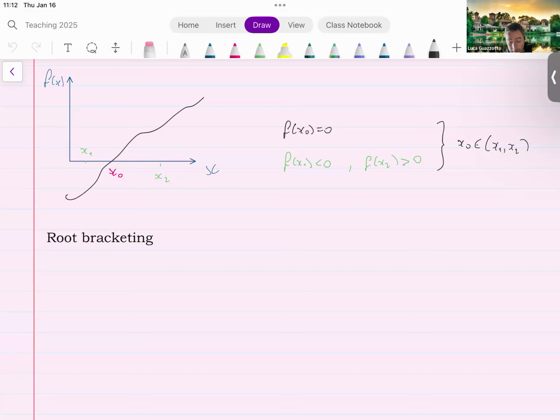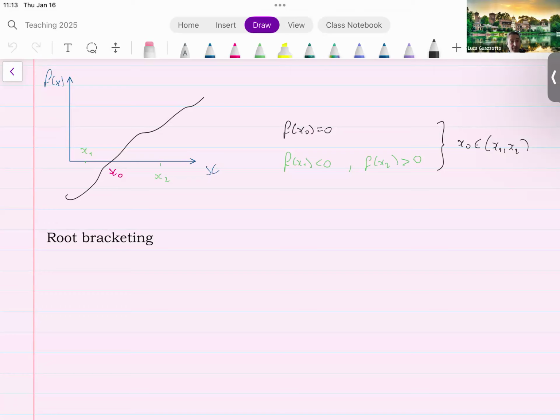If we start with 2 points with a bracketed root, the two ideas I can give you are: one, take your function, evaluate it in a bunch of points, and hope it changes sign somewhere.